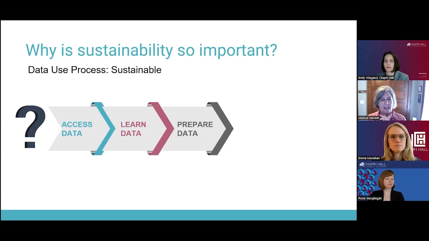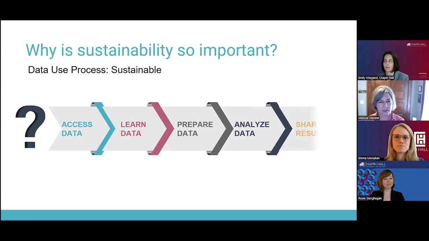As with any analysis, you start with a question on the left, you then access your data, but in this case, your data is already secured. You already know the data perhaps, and you understand the data quality. And so the data preparation builds on prior analyses and may even reuse code. That enables the team to more quickly analyze the data and share the results.